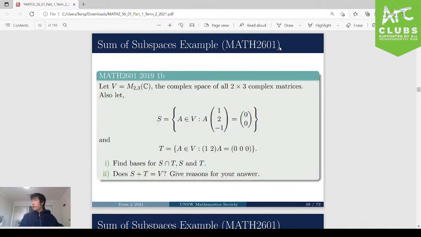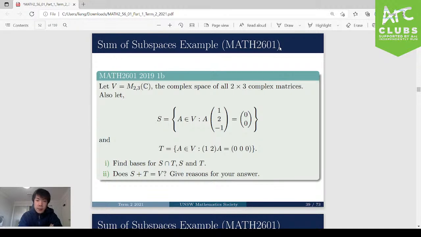So let's have a look at our last example for my part in this seminar. The sum of subspaces example. If we have the subspace S and the subspace T, so S is all matrices A that are 2 by 3 matrices over the complex space.